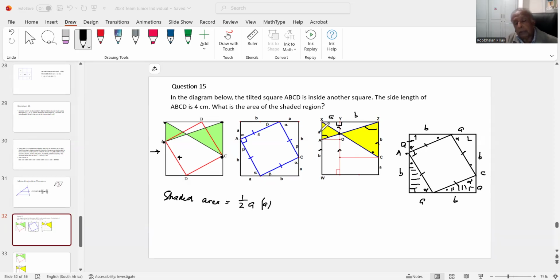Or as I told you earlier on, the area of this triangle is half the area of the parallelogram, but this parallelogram happens to be a square. We'll go A times A and all these 90 degrees. So that's how you get half A squared. Okay, now that's the small shaded area. This large shaded area is half again.